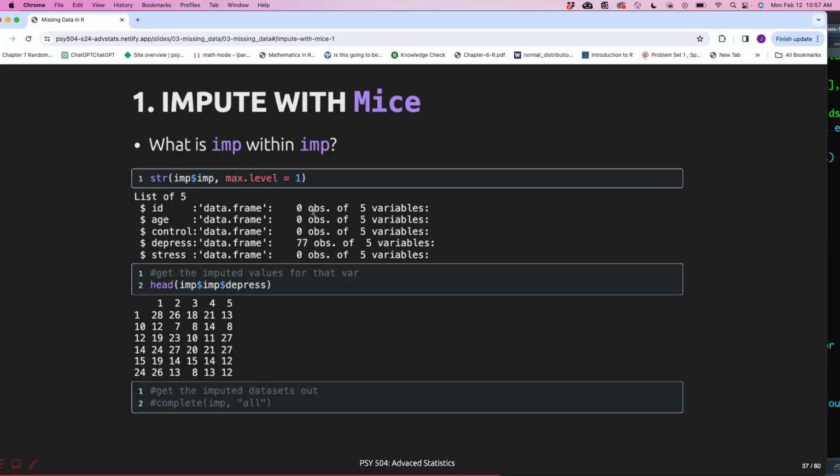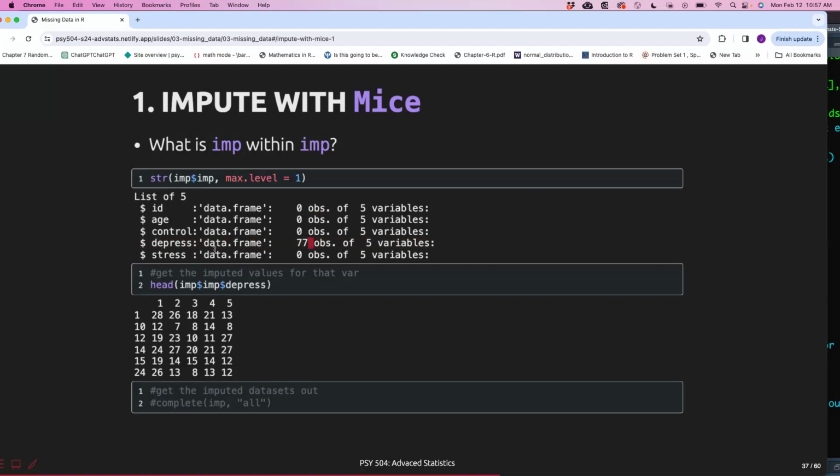For ID, age, control, and stress, we see there's 0 observations. That's because we don't have any missing data there. This is essentially what our imputed values are, or what values were chosen on each imputation. So we only have missing data on our depress object.